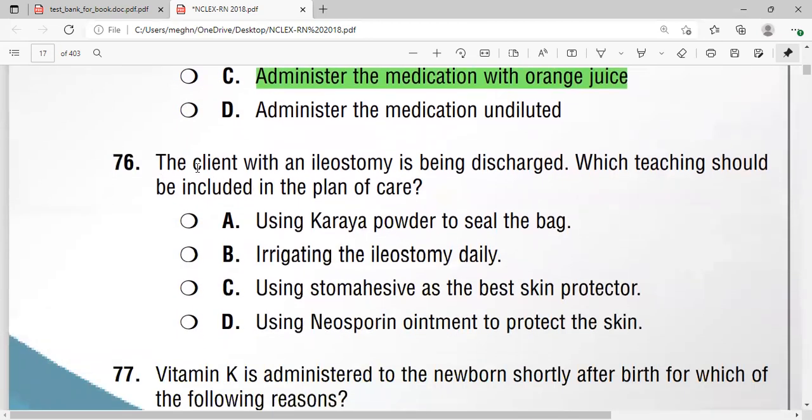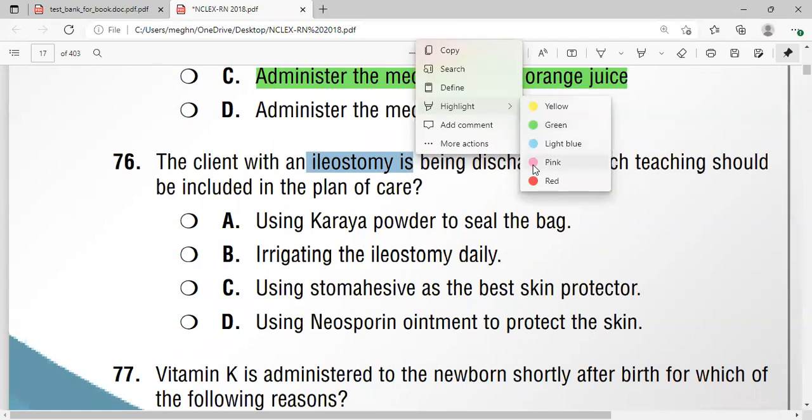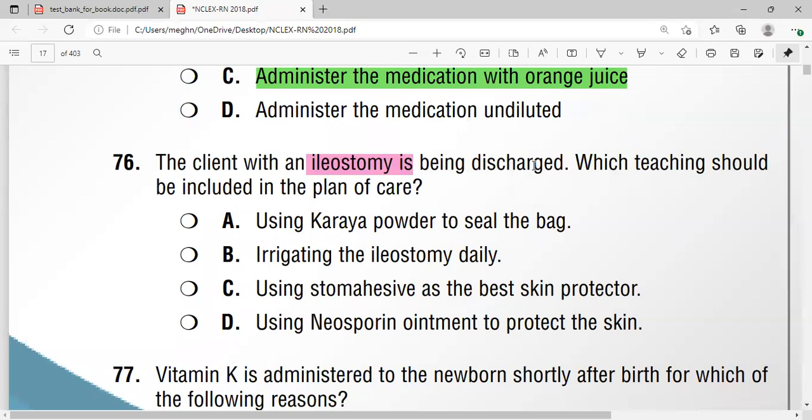So 79, next question here. The client with an ileostomy is being discharged. Which teaching should be included in the plan of care? A patient who has an ileostomy has had a surgical removal of the ileum. A, using karaya powder to seal the bag.